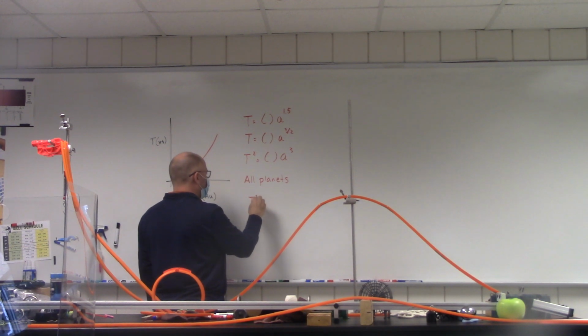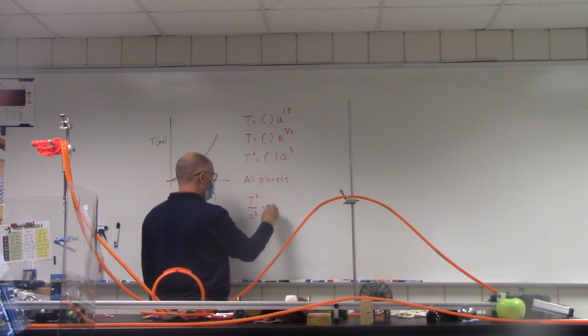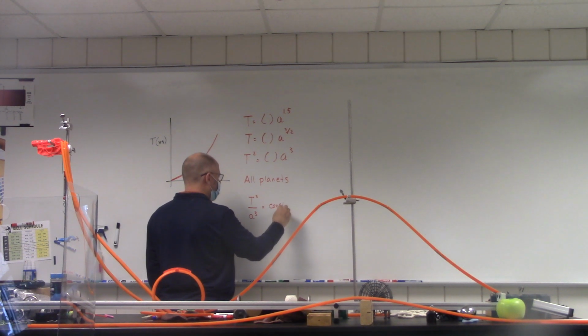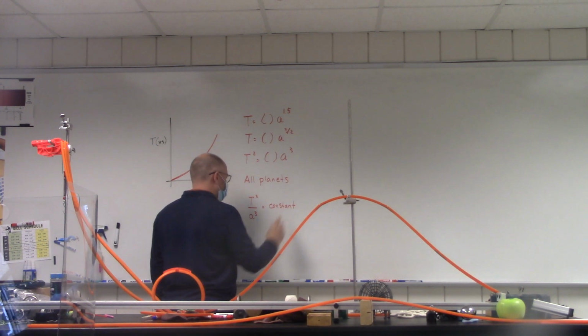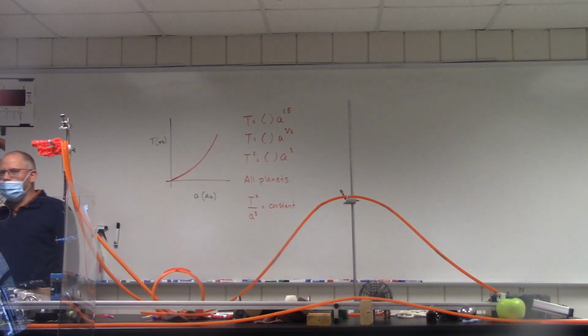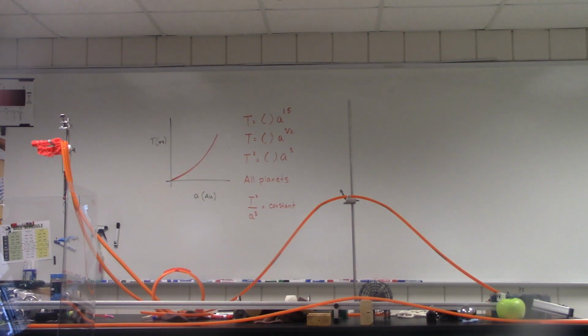The T squared over A cubed is a constant. This is the craziest result. This is Kepler's third law.